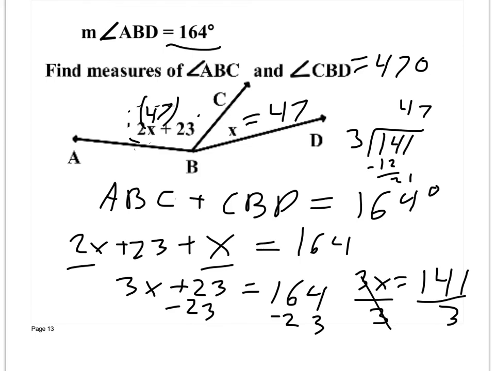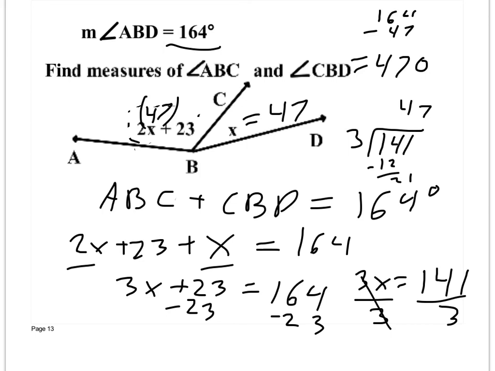The other way, can anyone guess? Take 47 from 164. Because you know what CBD is, and you know that ABC is everything left of that, whatever's left. So you can take 164 minus 47, or you can take 2 times 47 plus 23.